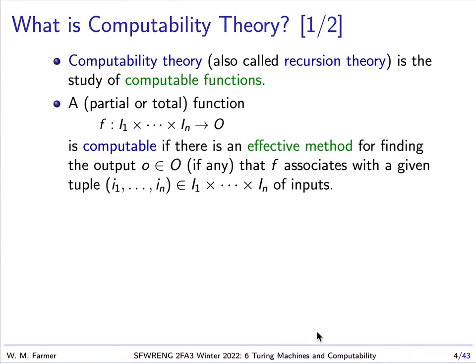A function that's partial or total, that takes some set of arguments, is computable if there's an effective method for finding the output O that's associated with a tuple of inputs. So a function is computable if there exists this effective method for computing the output from the inputs.